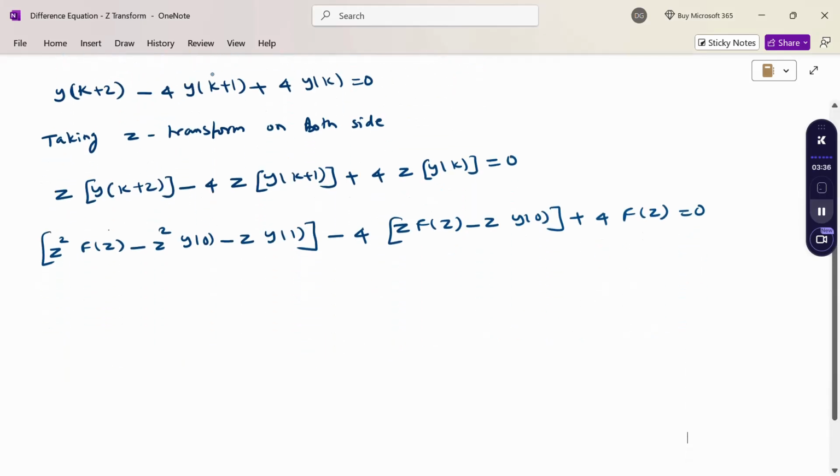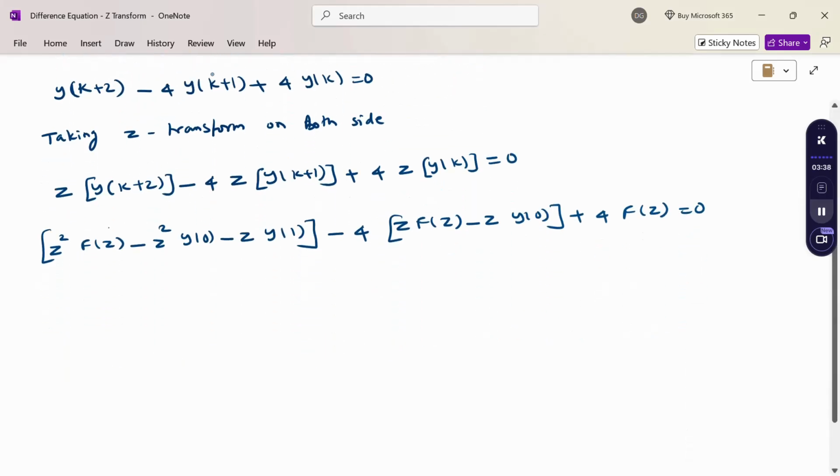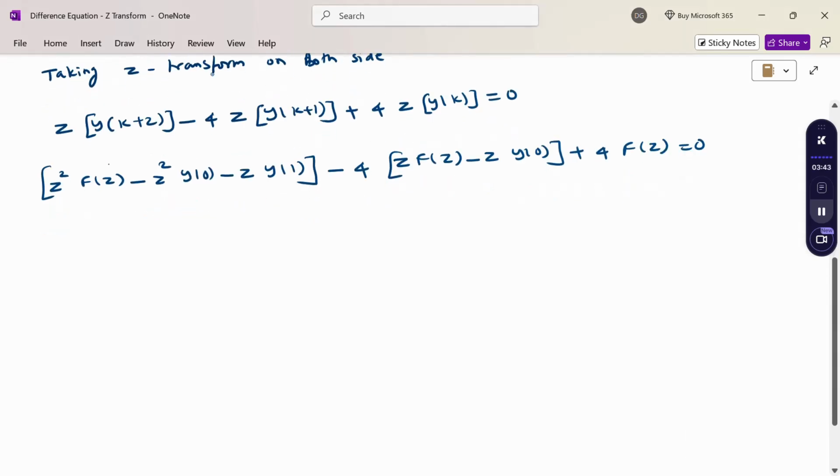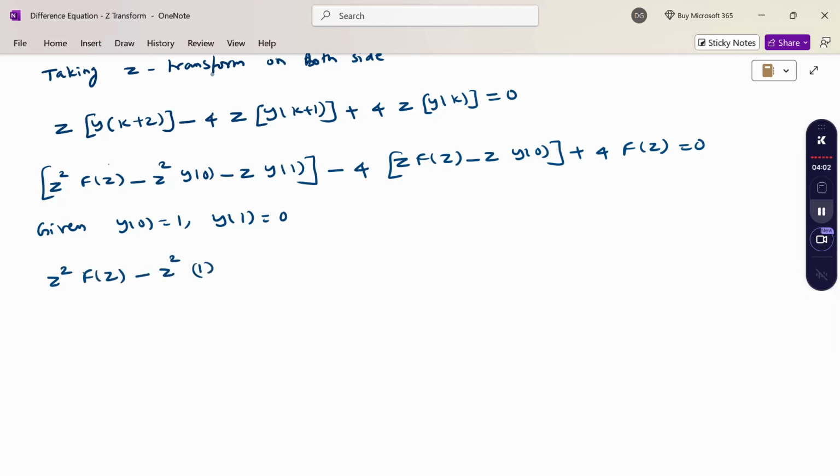Now what is given? Once the first step, taking Z transform, is done, then substitute the values of the difference equation, then substitute the given values: y of 0 equal to 1, y of 1 equal to 0. Substituting in this equation: z square f of z minus z square into 1 minus z into 0.